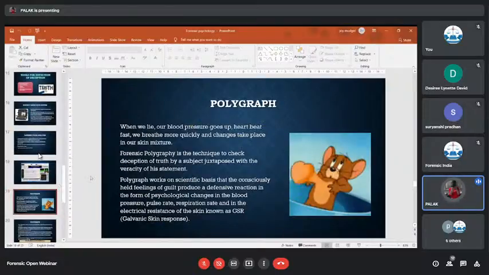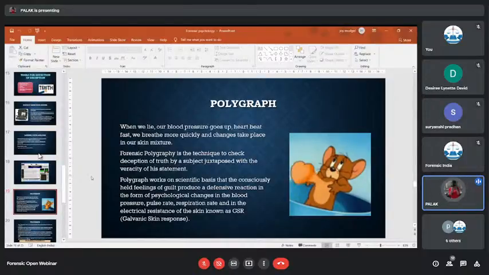Next one is polygraph. When we lie, our blood pressure goes up, heart beats fast, we breathe more quickly, and changes take place in our skin moisture. Forensic polygraph is a technique to check deception or truth by juxtaposing the subject with the veracity of his statement.